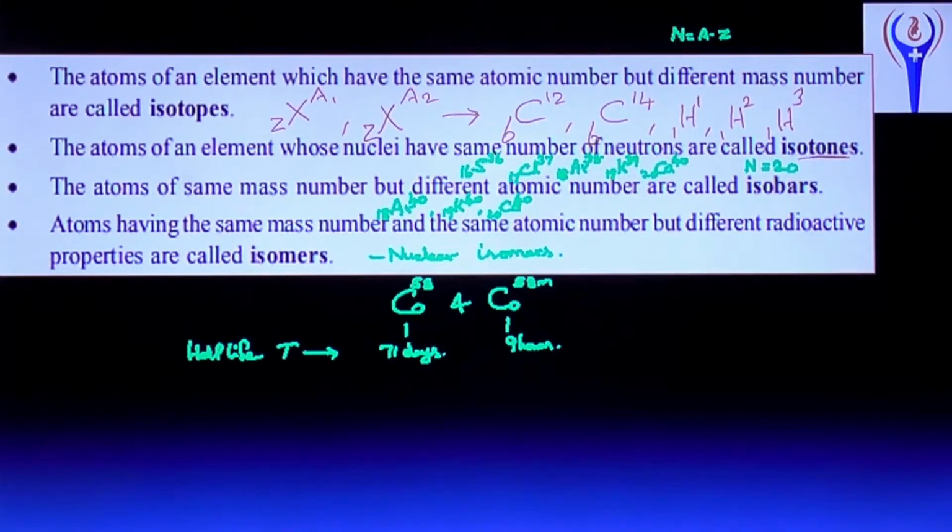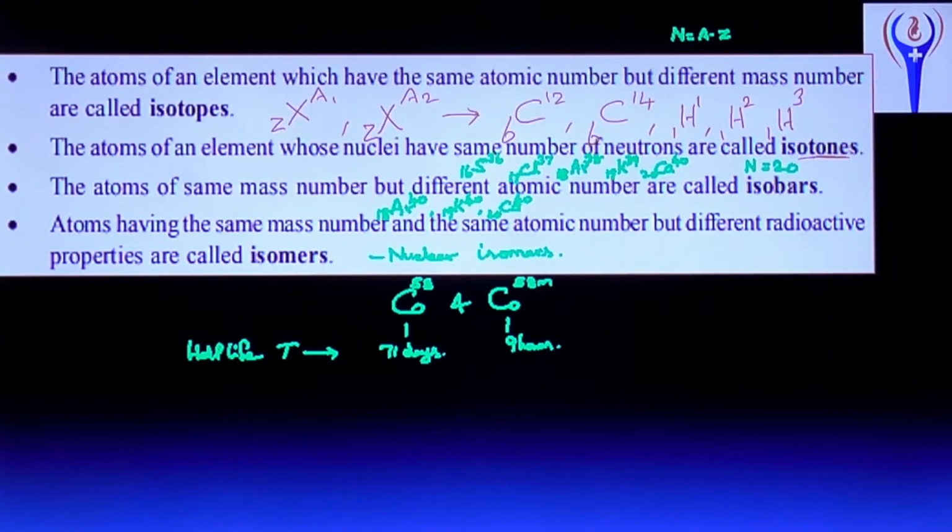Isotones are the elements whose nuclei have the same number of neutrons. Example, sulfur S-36 with atomic number 16, chlorine Cl-37 with 17, argon Ar-38 with 18, potassium K-39 with 19, calcium Ca-40 with 20.